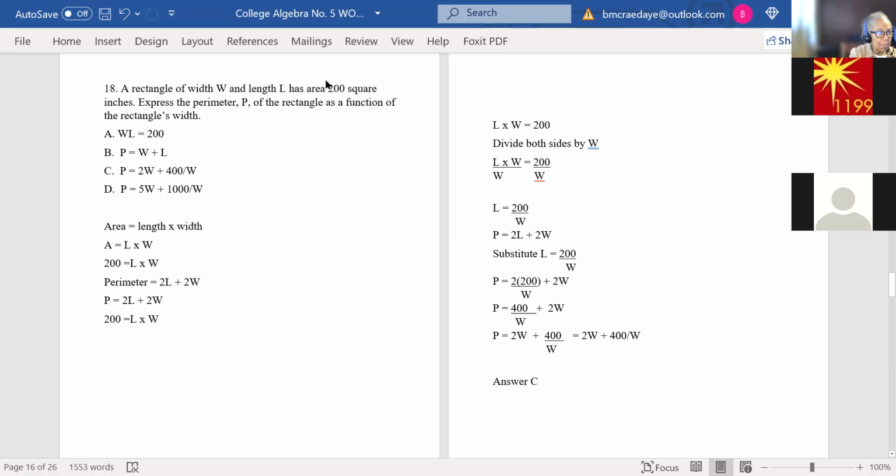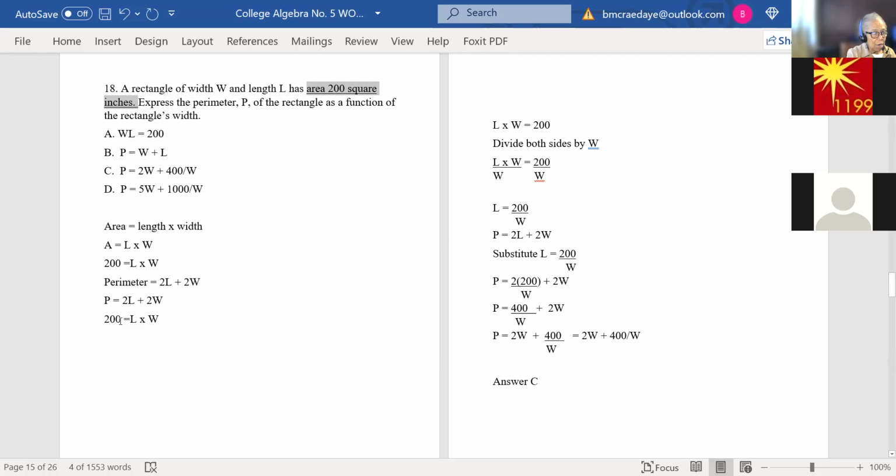The area was given right here, 200 square inches. That was given in the problem. So the 200 square inches, which is the area, is length times the width. 200 is L times W. Perimeter, 2L plus 2W.